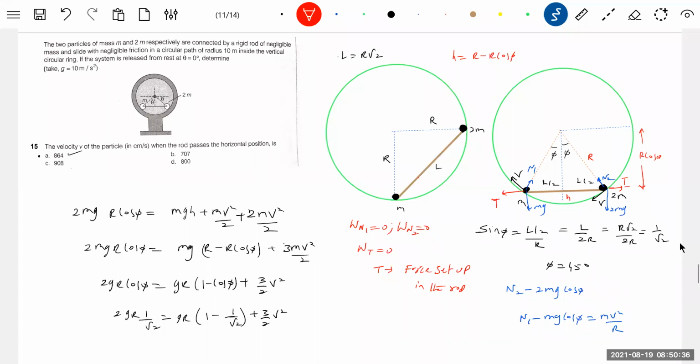Component of tension should also act here, no? This will be fine. T sin phi will come. Very important in exams. Definitely they will trouble you with all these things. You have to be very careful.